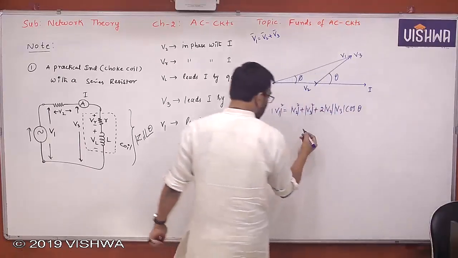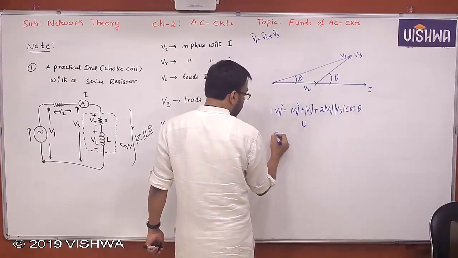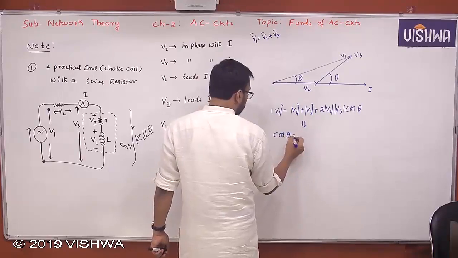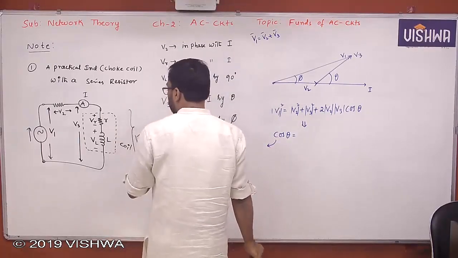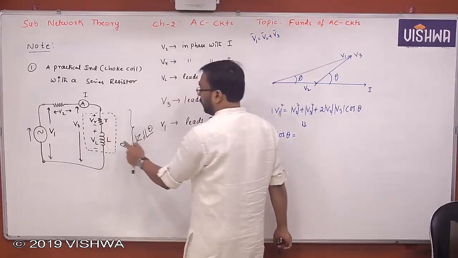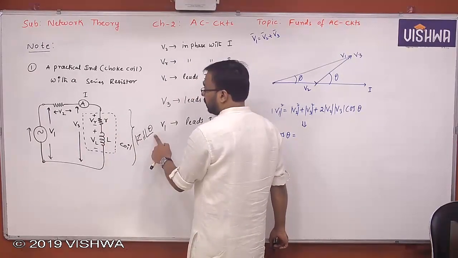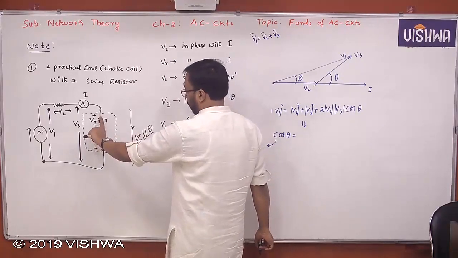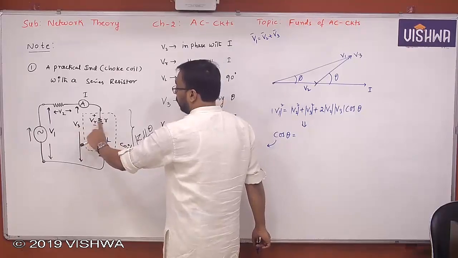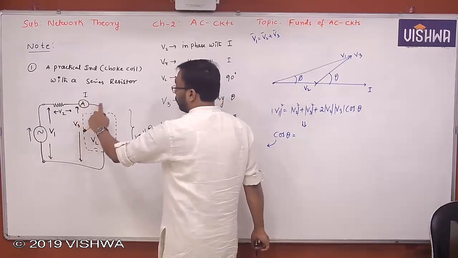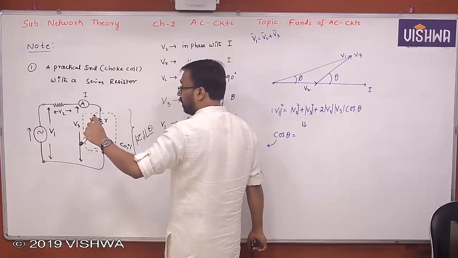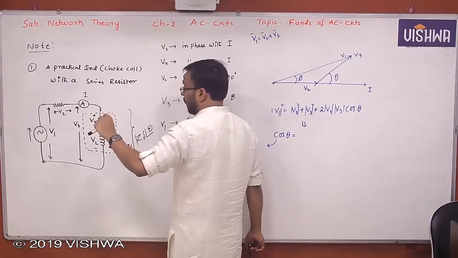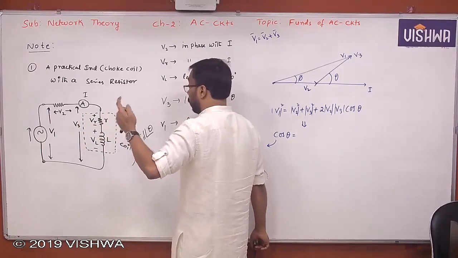So from this, what is cos theta here? Look at this angle theta of Z1, that is the angle of the coil. It is also the phase difference between the voltage across the coil and the current through the coil. Usually voltage and current phase difference is called power angle or power factor angle. If you apply cosine to it, you call it power factor.